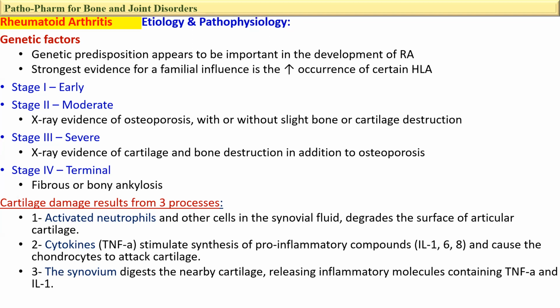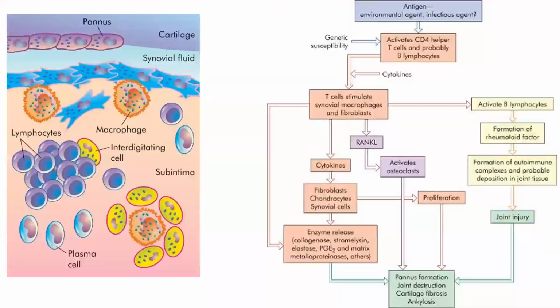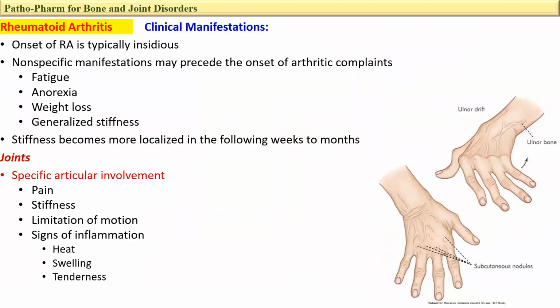In other words, there are deformities associated with that, in addition to the criteria of stage 3, plus this fibrosis or bone ankylosis. So this is how the cartilage damage would result from these 3 processes, or how the cartilage will be destroyed by them.